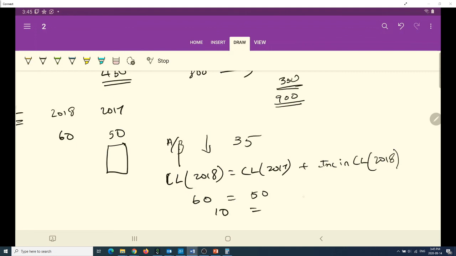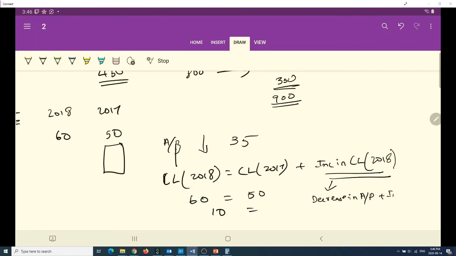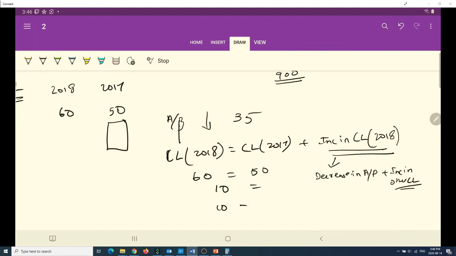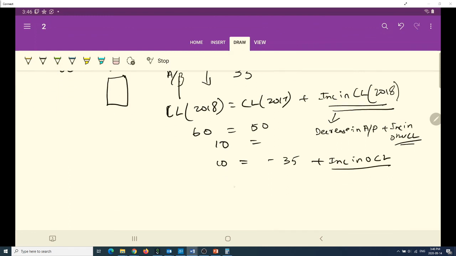This change in current liabilities can be thought of as the decrease in accounts payable plus the increase in other current liabilities. So 10 is minus 35 plus the increase in other current liabilities. So the increase in other current liabilities is going to be 45.